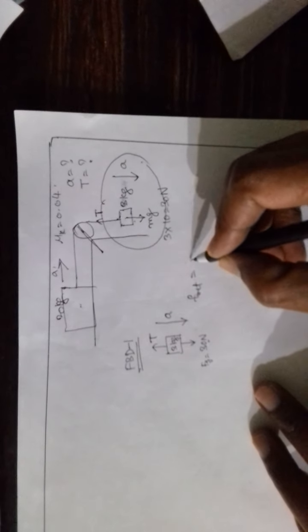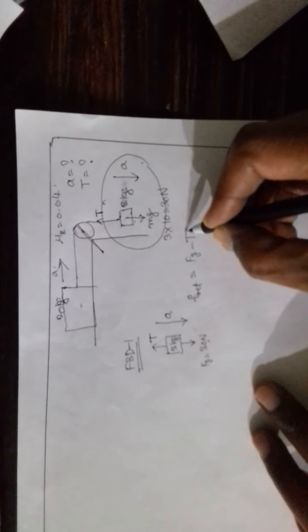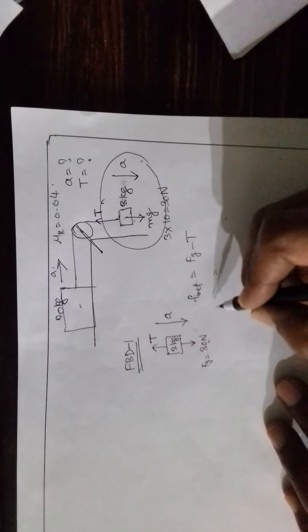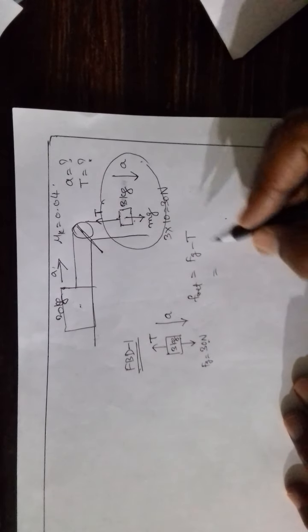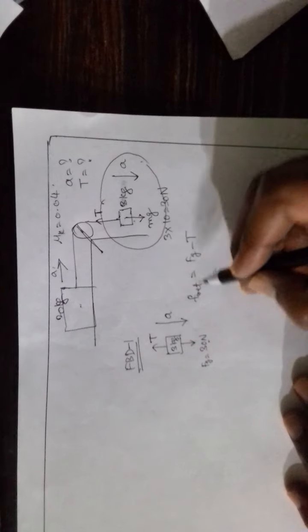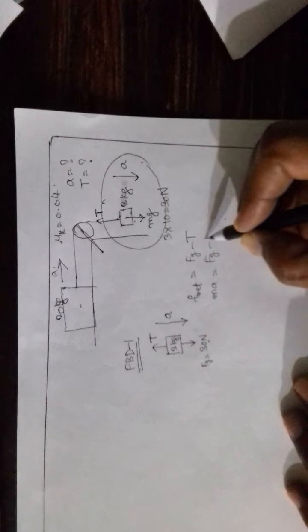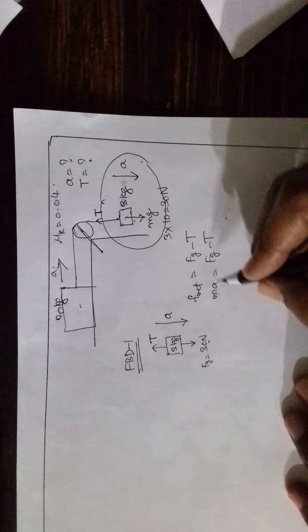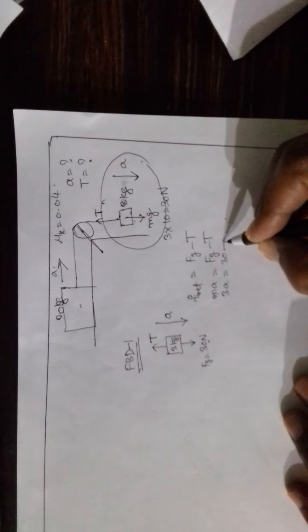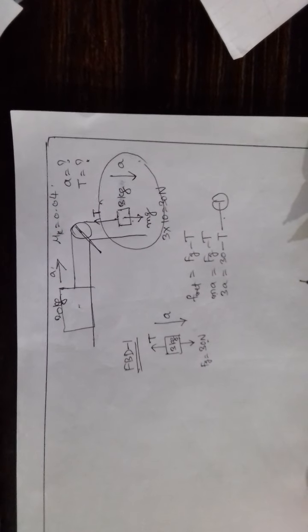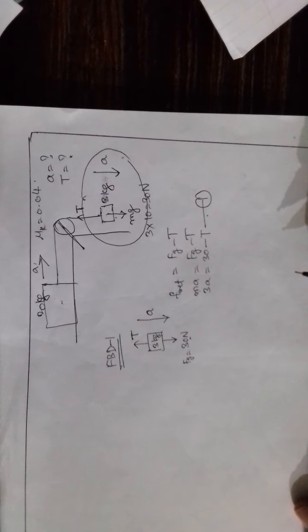That is why it is coming down. F net according to Newton's second law is ma. M is its mass, 3. 3A is equal to the gravitational force 30 newtons minus T. In this way we got one equation.